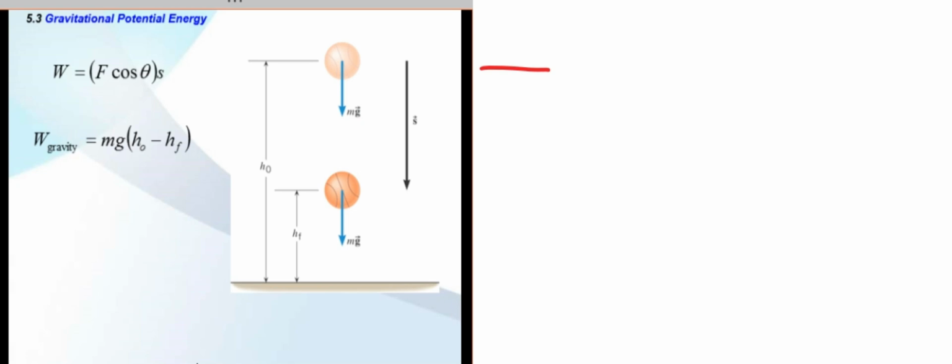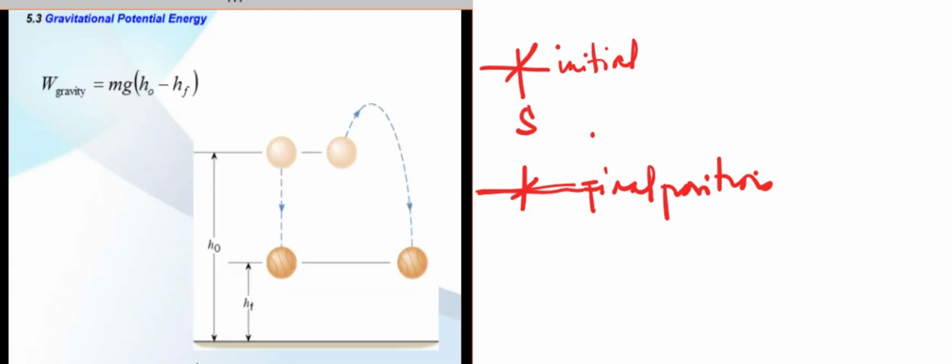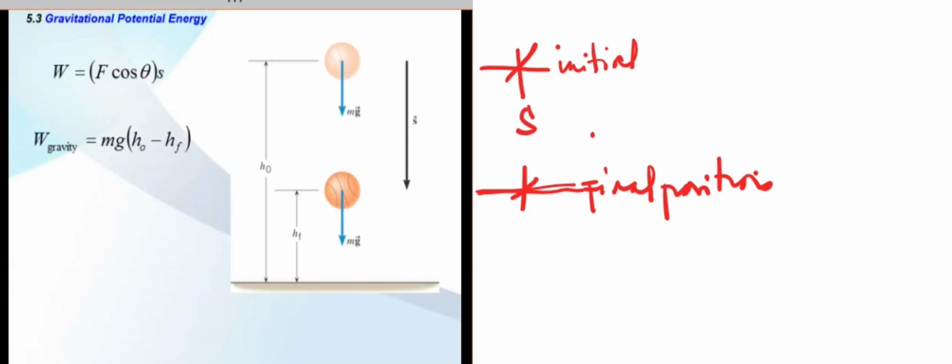At that position, this is the initial position, then this is now the final position of the ball. That is why this is your displacement S, if we look at the figure.